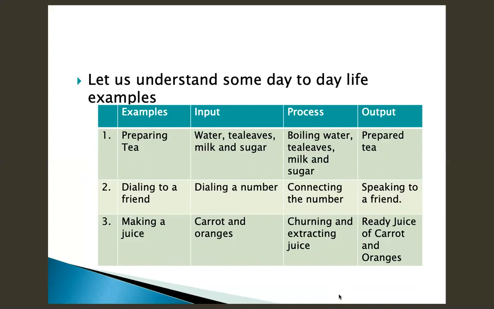So my input will be water, tea leaves, milk, and sugar together. When I put it on the gas stove, it will process it. The boiling is the process. And the ready tea is my output.